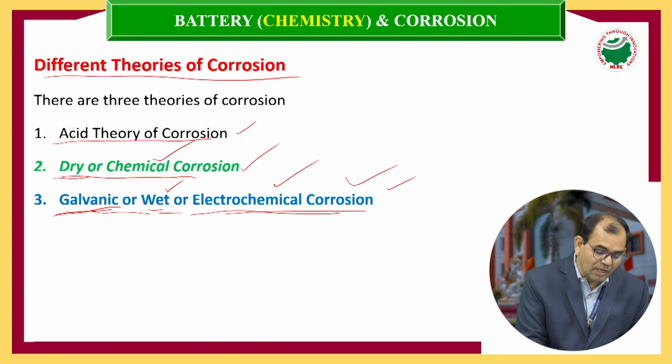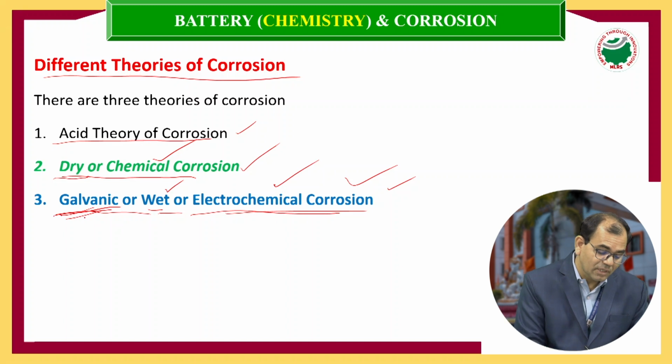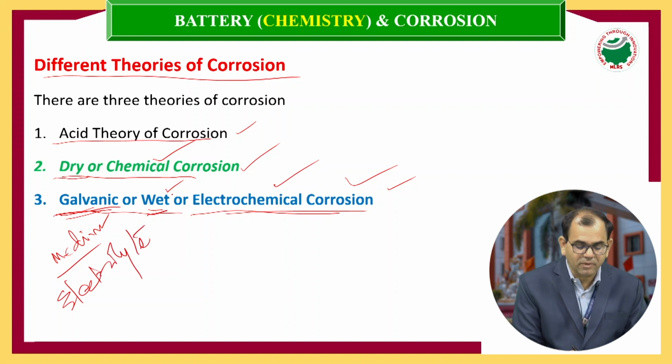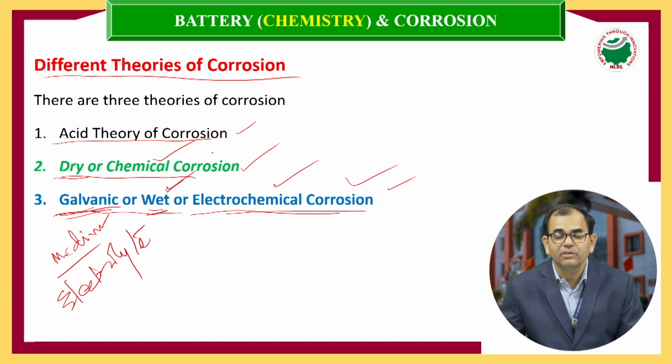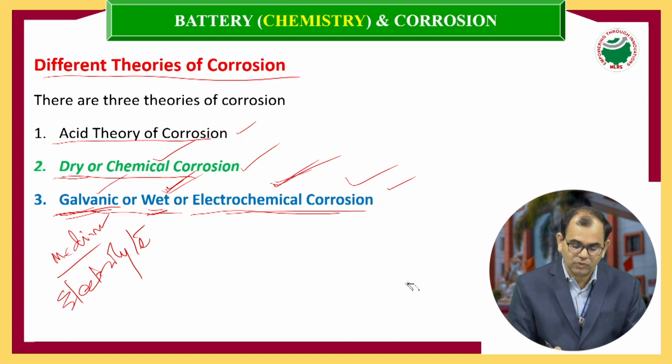So in a galvanic cell, oxidation and reduction take place with the help of the medium, which is the electrolyte. Similarly, this process happens in wet condition, where the medium could be atmospheric moisture. That is why we call it galvanic or wet or electrochemical corrosion.